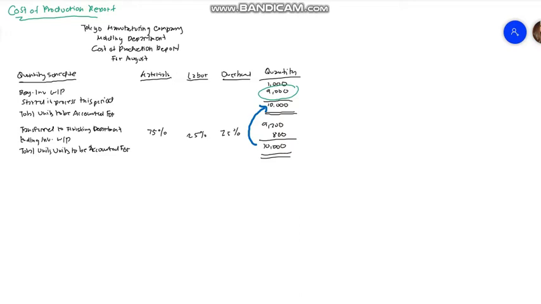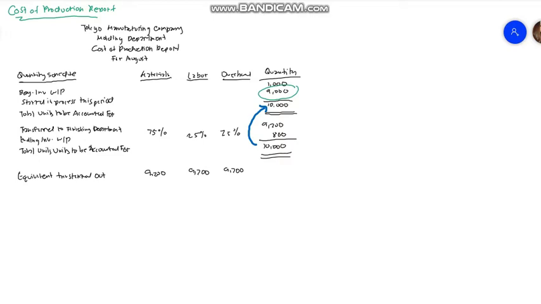So, equivalent transferred out. From here, that's 9,200 for materials, 9,200 for labor, and 9,200 for overhead.